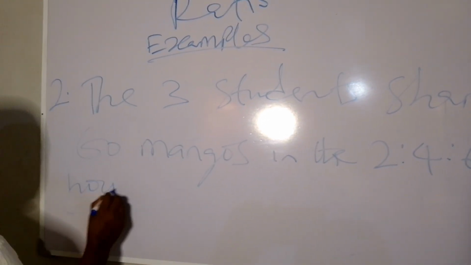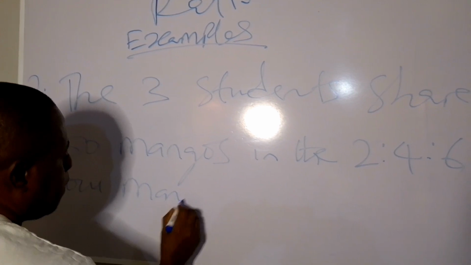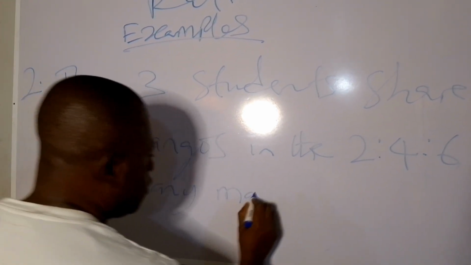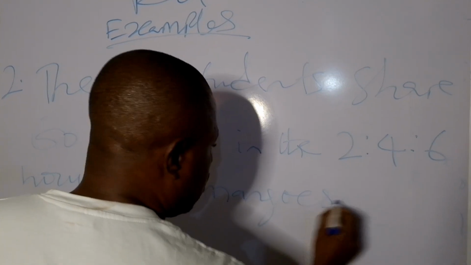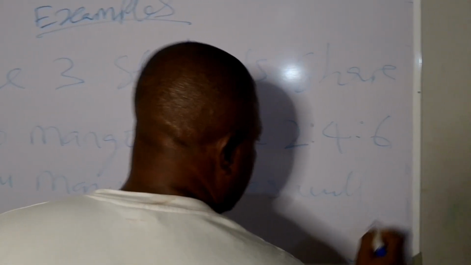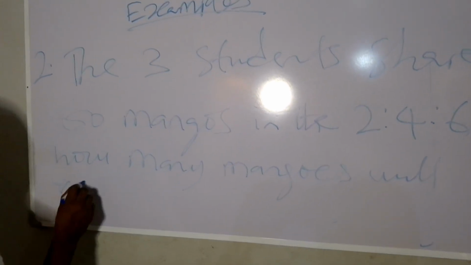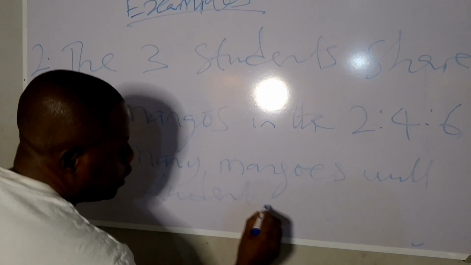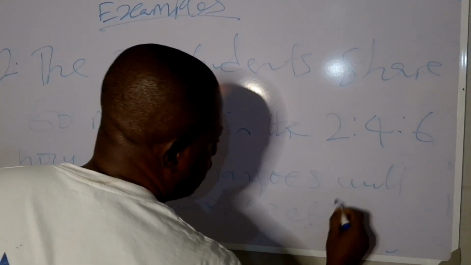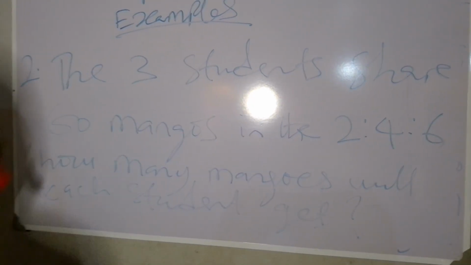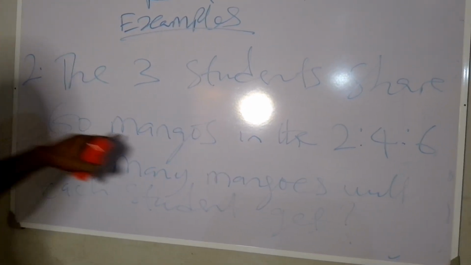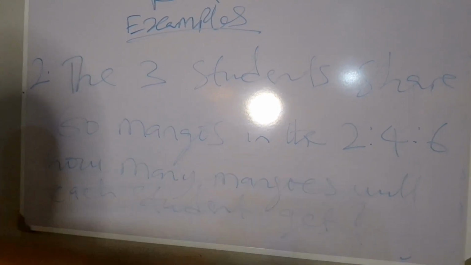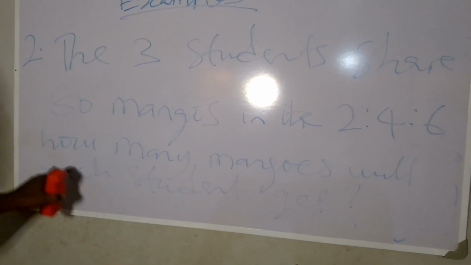How many mangoes will each student get? They say 3 students share 60 mangoes in the ratio of 2:4:6. How many mangoes will each student get?